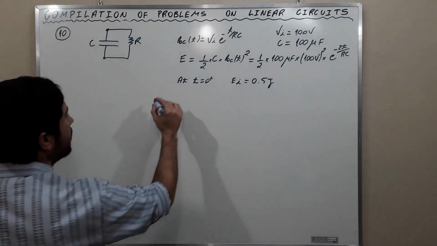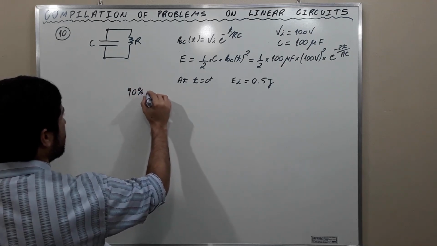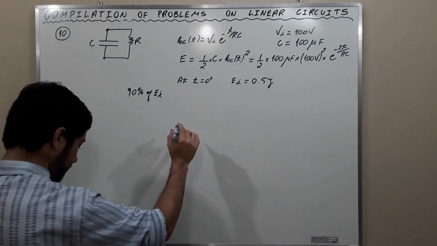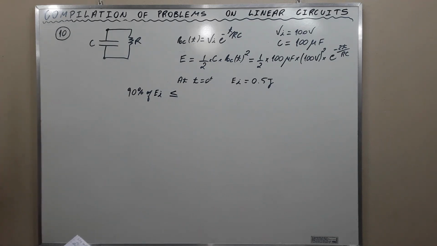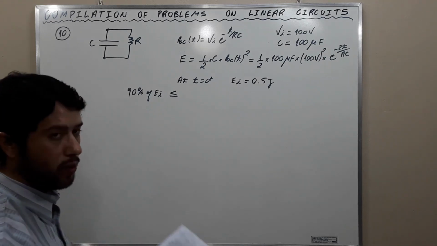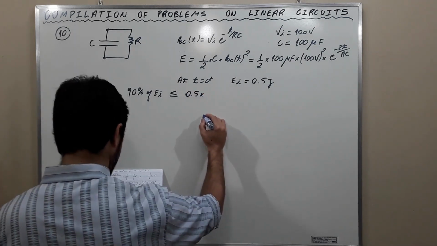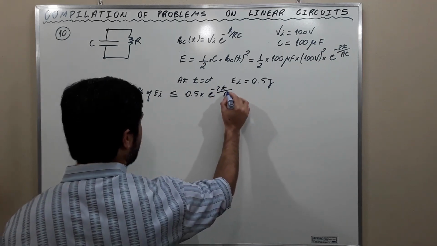So 90% of EI has to be less than or equal to the amount of energy that we are working with, and the amount of energy that we are working with is 0.5 times e to negative 2t over RC.